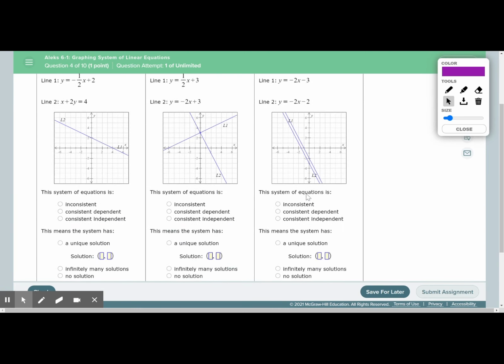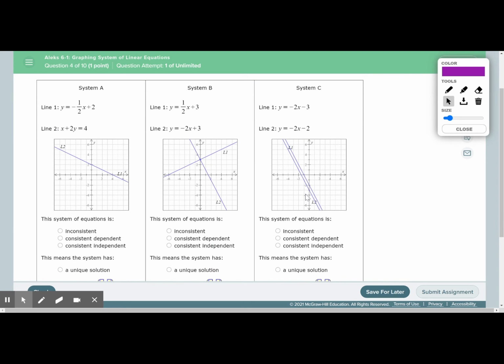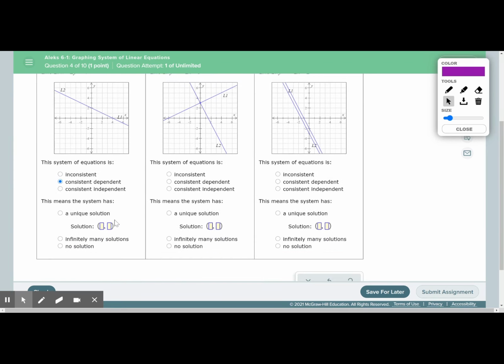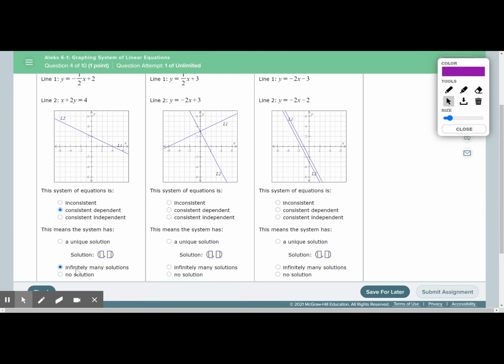All right, now this time we just look at this. I won't explain this a lot here. So this is one line, L1 and L2, meaning they're on top of each other, which means they're dependent. One depends on the other. They're stuck together. The solution is many solutions because they cross everywhere. Over here, they do cross at one point, so that will be consistent but independent because they don't line up.